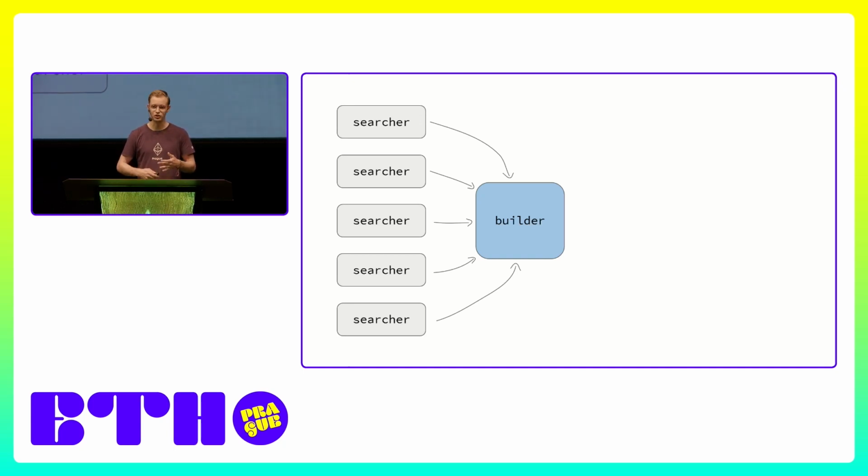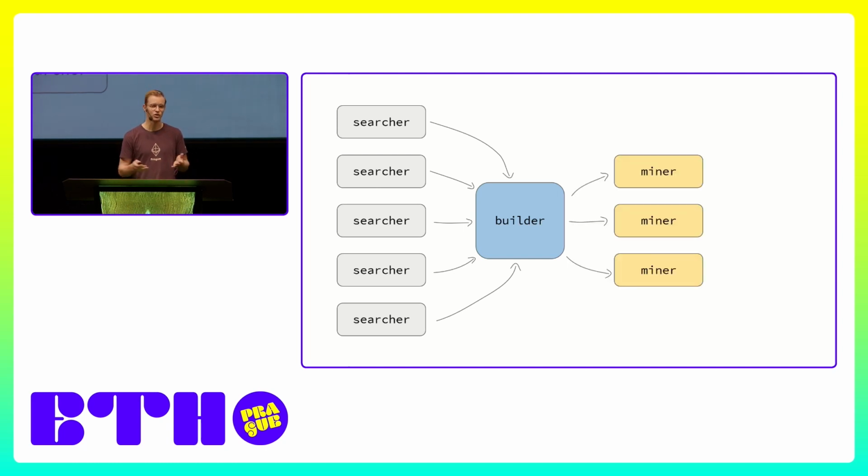And the builders take these transactions and they bundle them into a block, and they share this block with the miners. And then the miners perform their proof of work seal on top of this block, and eventually they find a seal, release that block to the network, extending the chain by one, and then the cycle repeats.